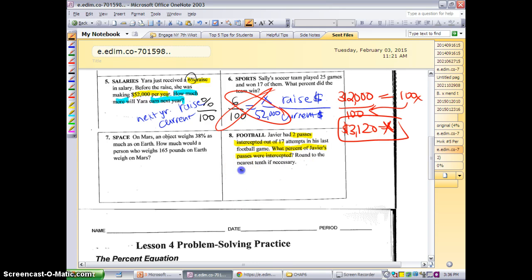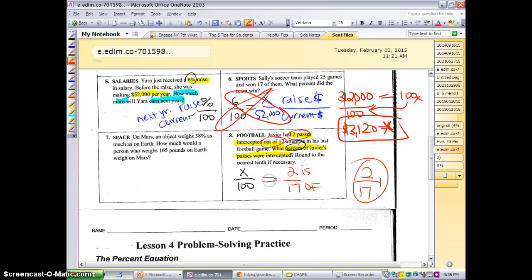So percent is always out of 100, so that's X over 100. That's the percent. I know that there's 2 passes out of the 17. So 2 is the is, and the 17 is the of. Just like if I give a test back to you, on your test you would get a 2 out of 17, showing that you only got 2 questions right out of 17. Right, so that's the second ratio.